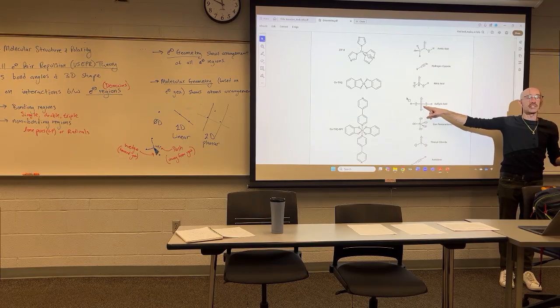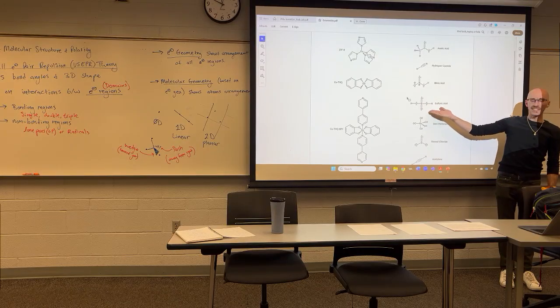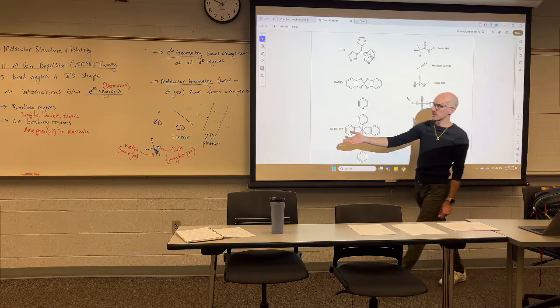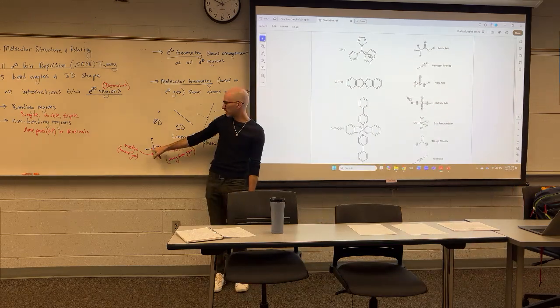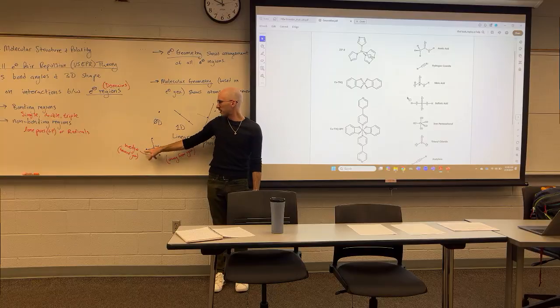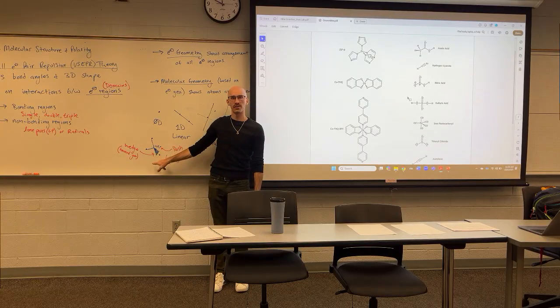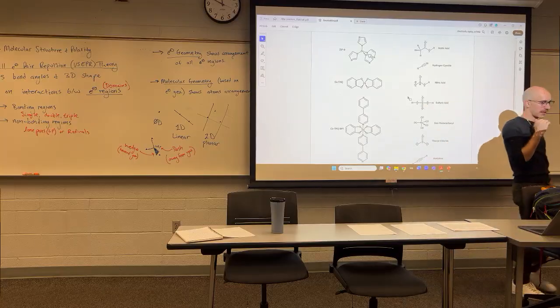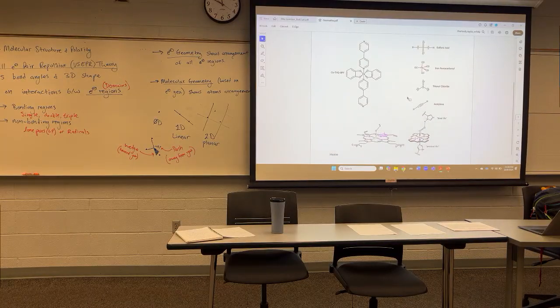None. So its molecular geometry, also tetrahedral. Doesn't it look flat? But it's not. It's 3-dimensional. The sulfur sits here with double bonds to oxygens and then single bonds to the OH. That's what sulfuric acid actually looks like.